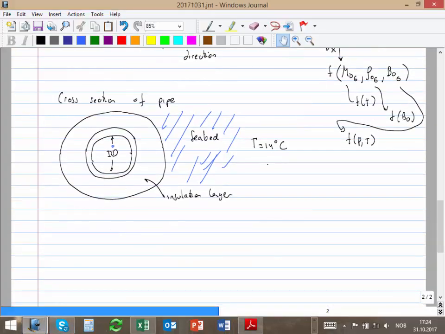So let's put that comment here: at T equal 20, the viscosity of the oil is around 2000 centipoise, which is too high. It will be very difficult to pump. It will require a lot of energy to pump this oil.